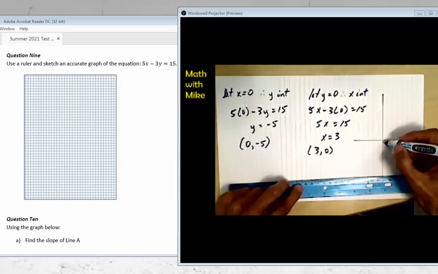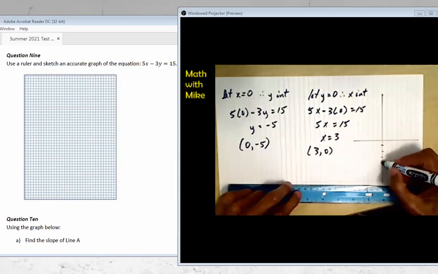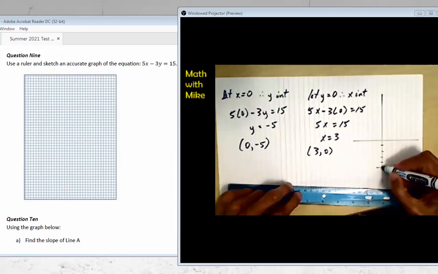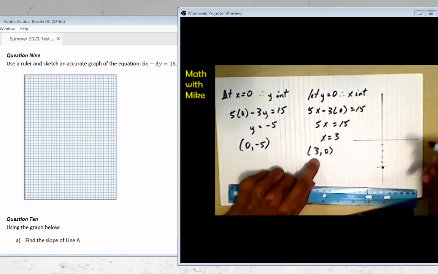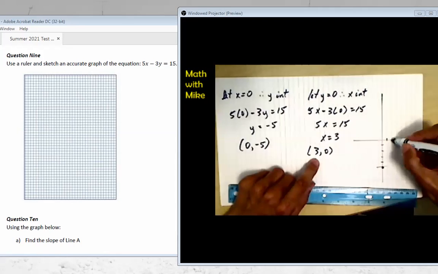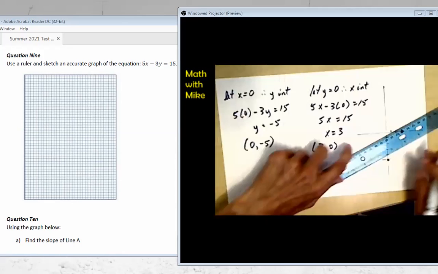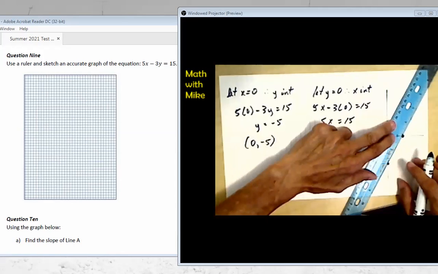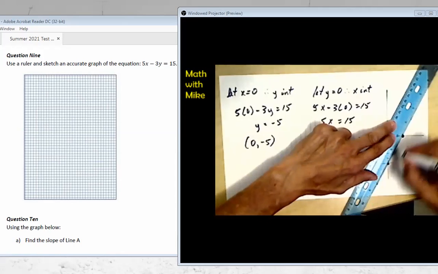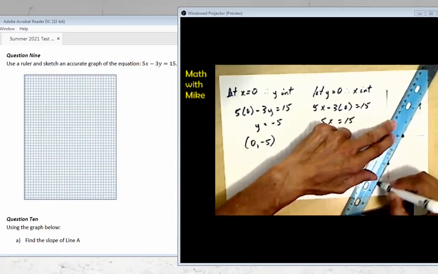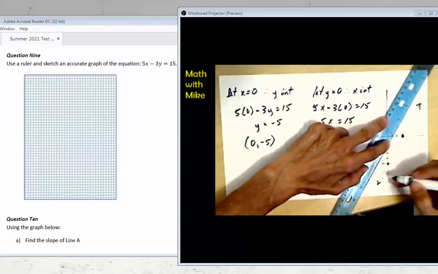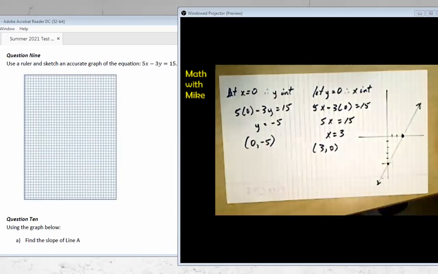So going down by 1, 2, 3, 4, and then big 5 right there. X-intercept, 3 in the positive direction. Boom, right there. So with those two dots in place, there we go. Created the graph. Done and dusted.